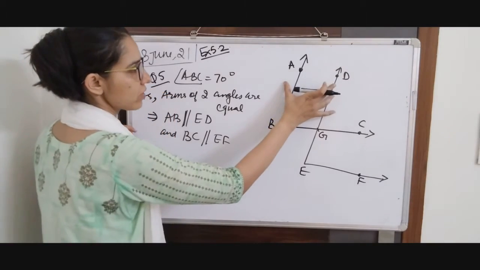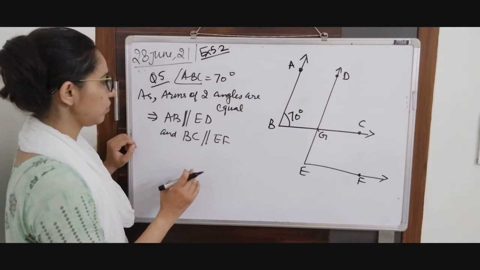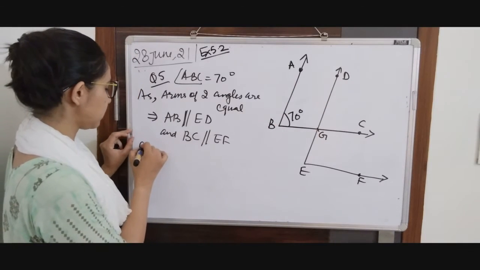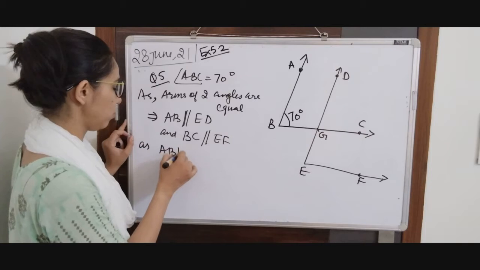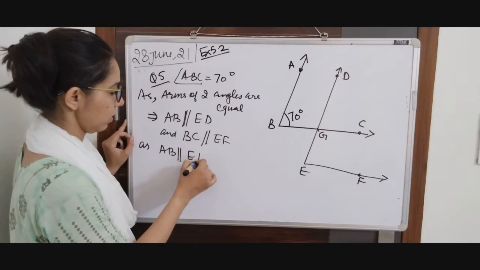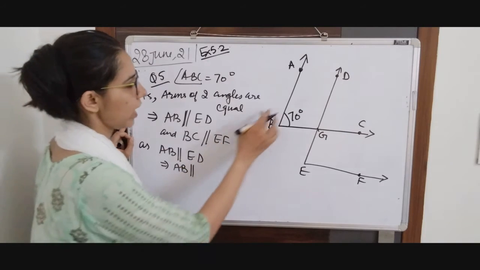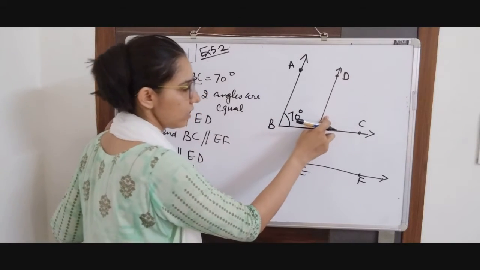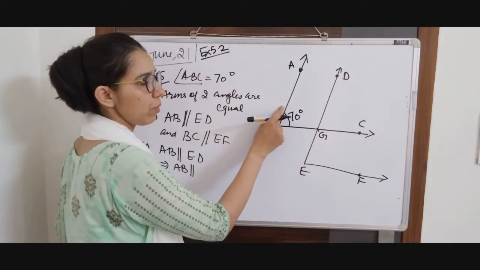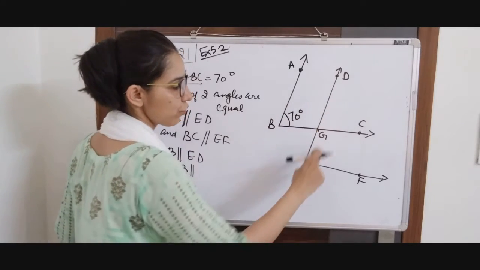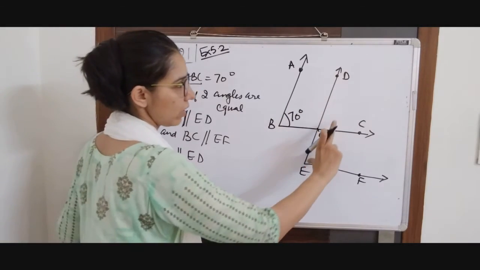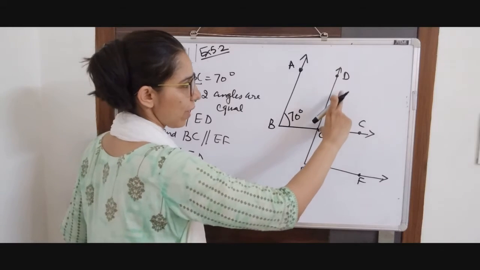We will use first this pair. As AB is parallel to ED, if a line is parallel to another line, then that line will be parallel to a part of the other line. So if it is parallel to ED, it is also going to be parallel to GD.